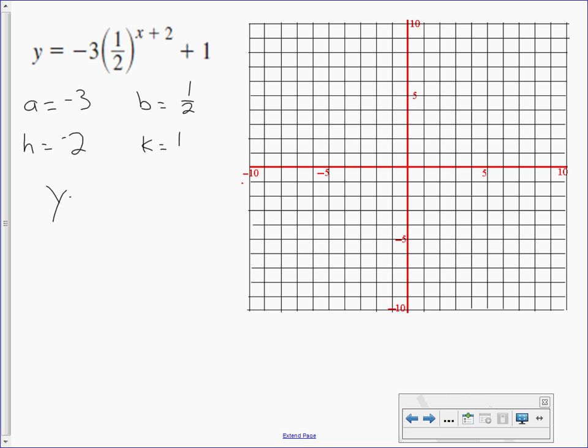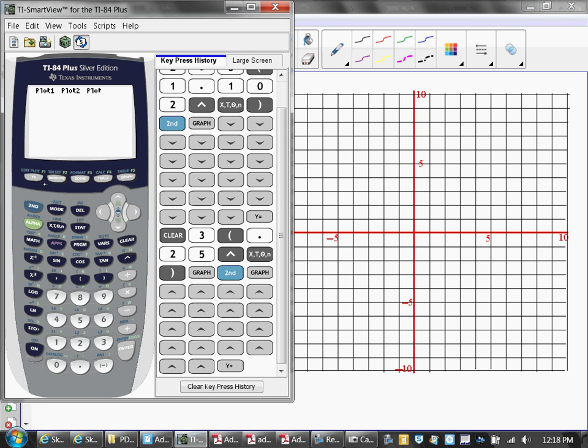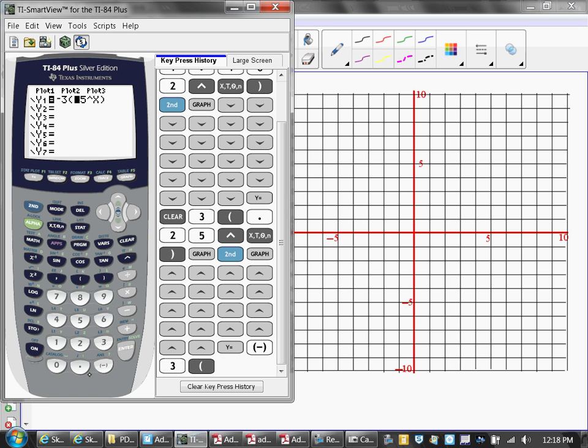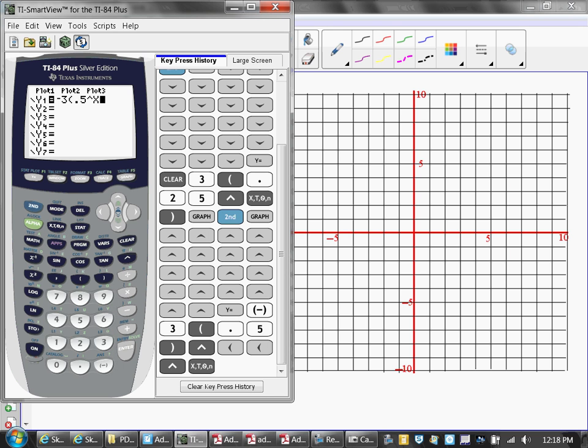So your parent function, put this into your calculator to get your generic points. So let's see, -3 times 1/2 to the x. Now we have this, then go to your table.